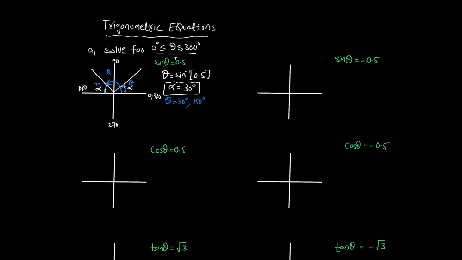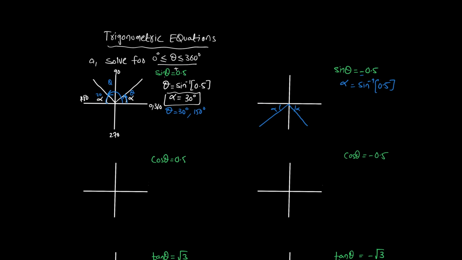So similarly, if the ratio of sine theta was negative, we know that sine theta is negative in the third and the fourth quadrant. If I want to find this basic angle, I'll take sine inverse of just 0.5. So sine inverse of 0.5 would come out to be 30 degree, meaning I know that this angle is 30, this angle is 30.